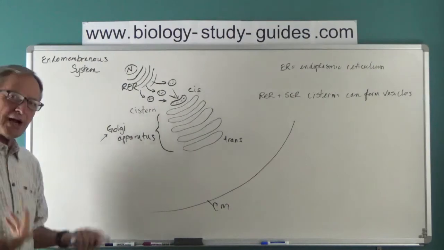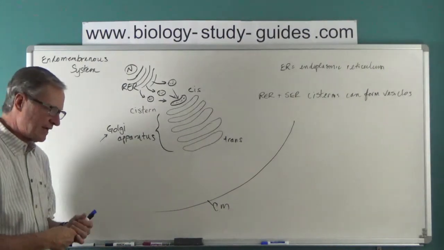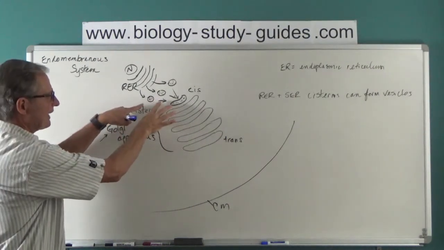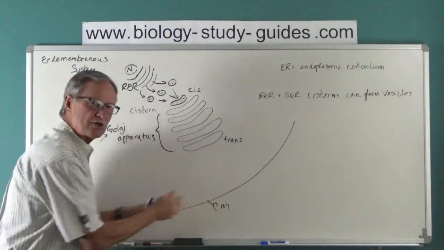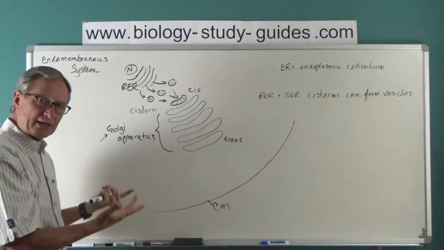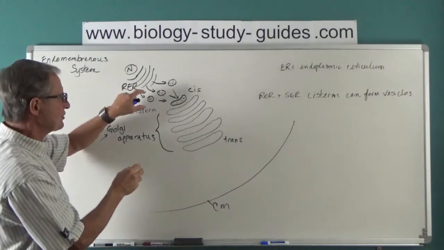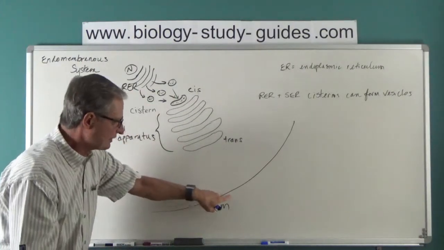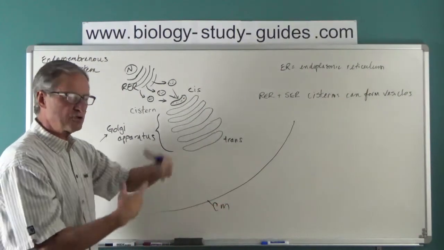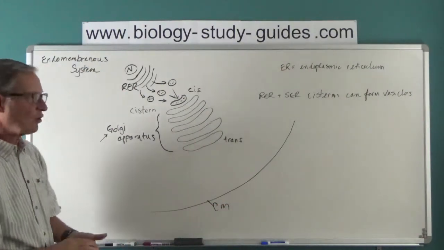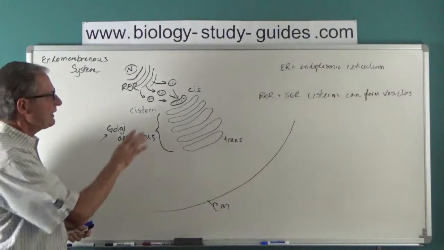Now, what the Golgi apparatus does, in a simple sense, is it prepares this product for its eventual secretion from the cell. If we go back and think about beta cells in the islets of Langerhans, they are constantly making insulin, and they release the insulin into the blood so the insulin can travel around the body and do what the hormone insulin is supposed to do.